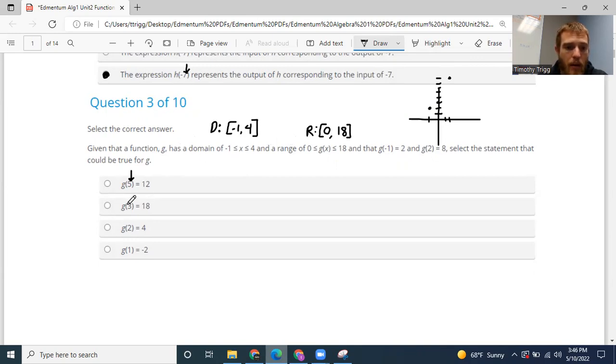What about, can we put 3? Yeah, 3 is in our domain. Can it equal 18? Yes, 18 is a possible range. So I'd say that's possible. This one's possible too. And this one is not possible because you can't have -2.